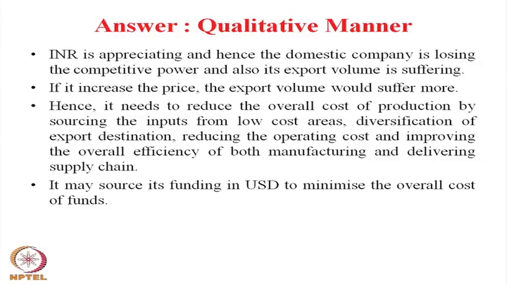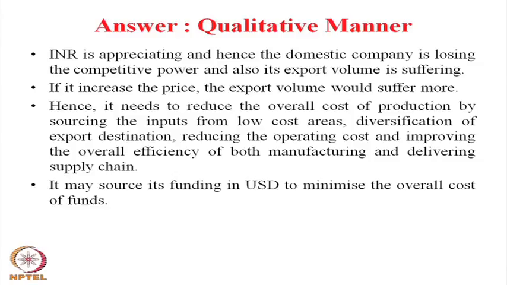To absorb this operating exposure, if the company increases the price from $8 to $10, it may lose the market further and the export volume will further suffer. So, there is no way the company can increase the price of the exportable goods.